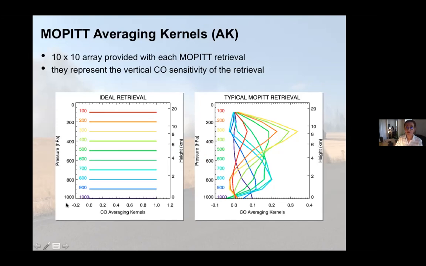So ideally, for each of these 10 levels, you would have a delta function, so you would have a perfect sensitivity to CO at that level and that level only. But in reality, you have this. Each averaging kernel shows sensitivity at a different level, but it's also sensitive to CO above and below that level. So those are things that need to be considered. And this is true for all instruments measuring CO or measuring other gases.